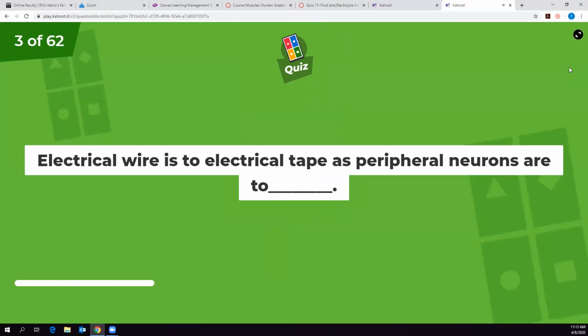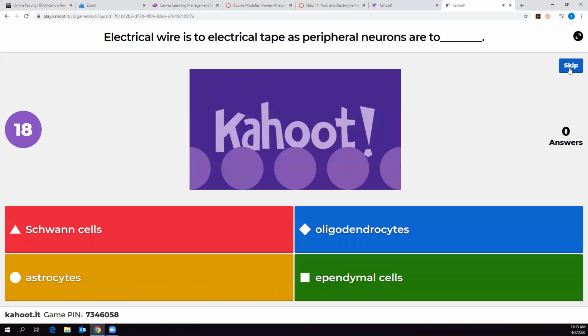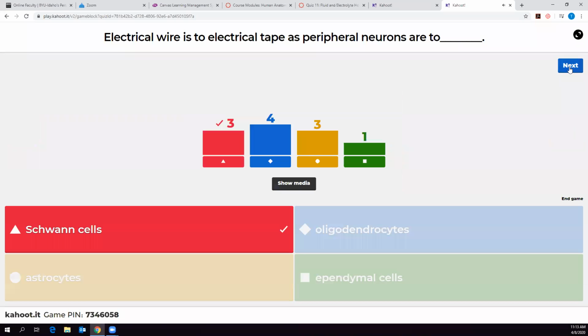All right, electrical wire is to electrical tape as peripheral neurons are to, a little analogy for you. So electrical wire, so peripheral nervous system neurons would have what around them? Okay, Schwann cells, you guys, they're in the peripheral nervous system.